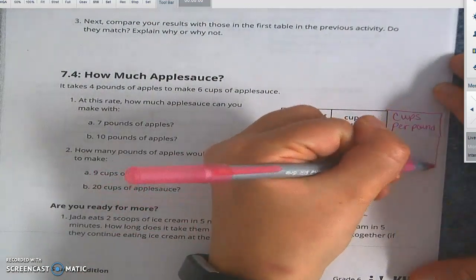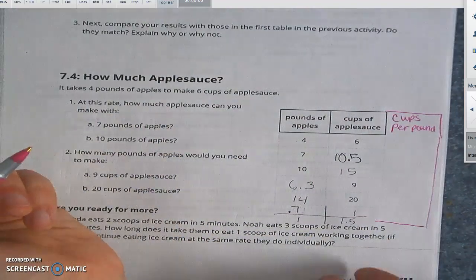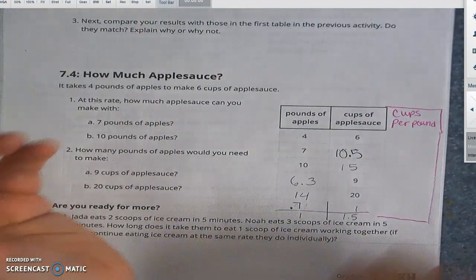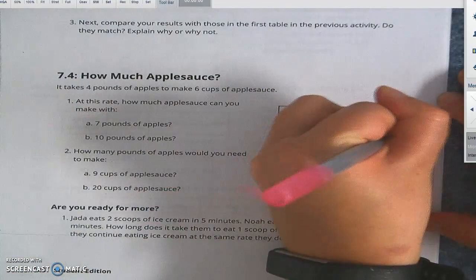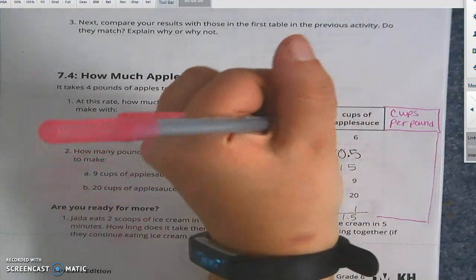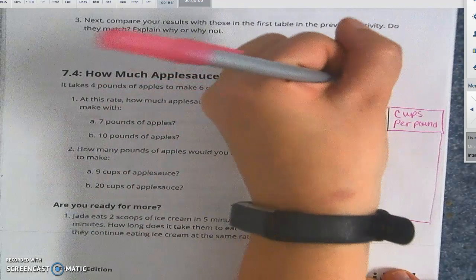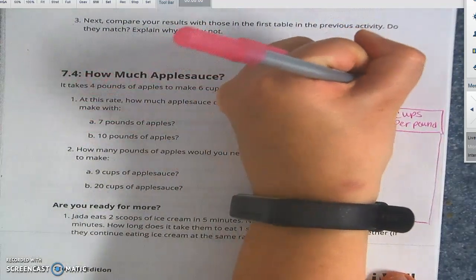And I can't draw straight lines, obviously. Wow, that's beautiful. Anyways, so if I want to find how many cups per pound, I am going to do cups divided by pounds.